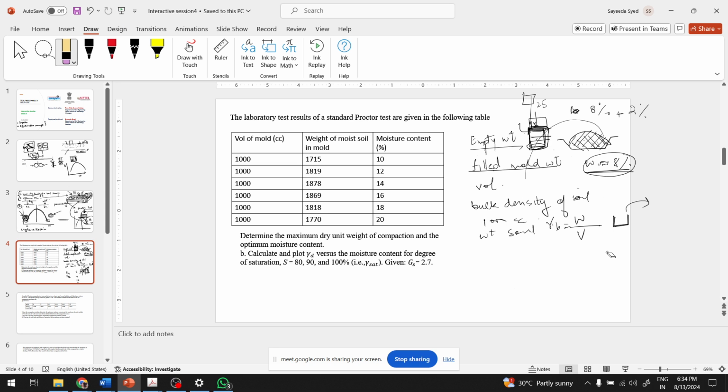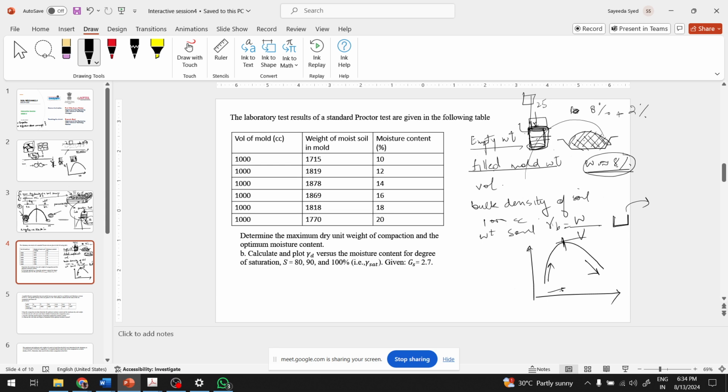See what will happen in sandy soil, in coarse, fine grained soils. What you will have is this compaction curve. You see, as the water content is increasing, the density will increase, and after this, the density will decrease.